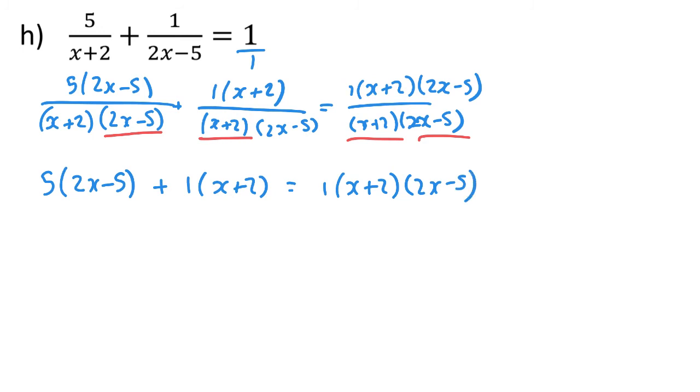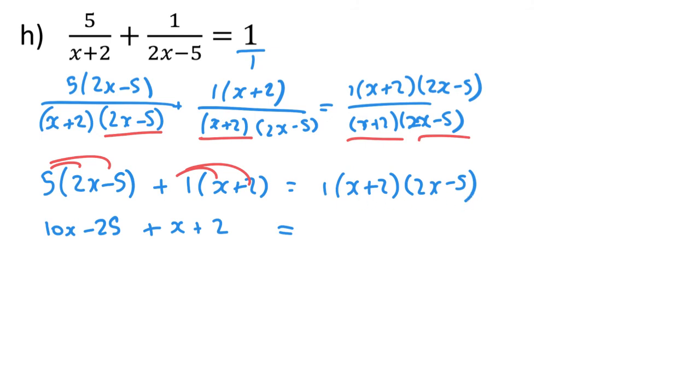If we expand all the brackets, we're going to have 5 times 2x and 5 times minus 5, which is 10x minus 25. And then 1 times x and 1 times 2, which is plus x plus 2. And then 1 times the two brackets isn't going to change anything. We've seen that in the 1 times x plus 2, it was equal to x plus 2.